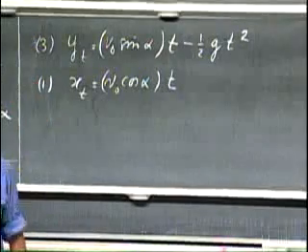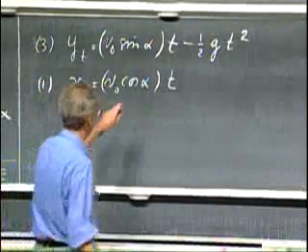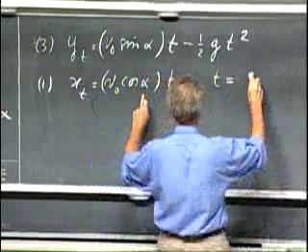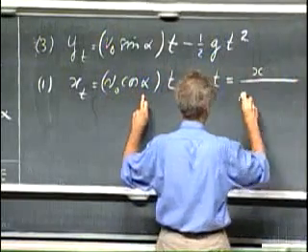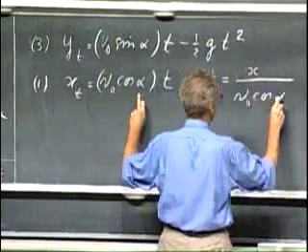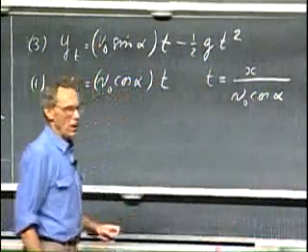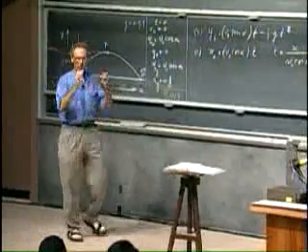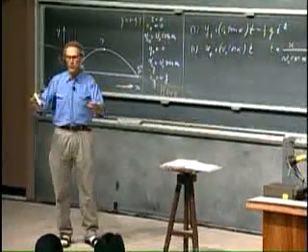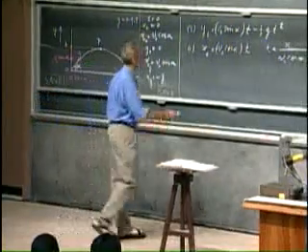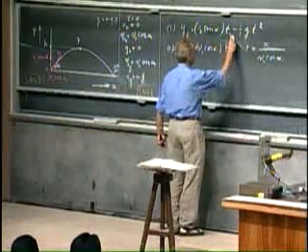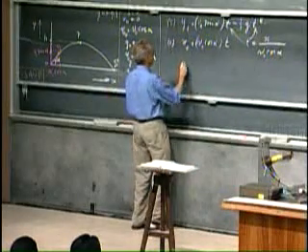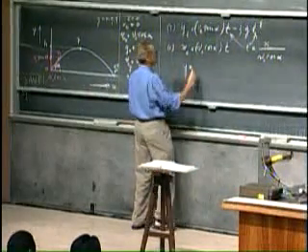Now I eliminate t, and the best way to do that is to write for t: x divided by v0 cosine alpha. Now I can drop all subscripts t, because we're now going to see y versus x. We're going to eliminate t. So I substitute this time in there, and I get y equals.